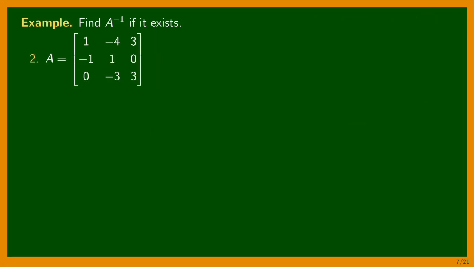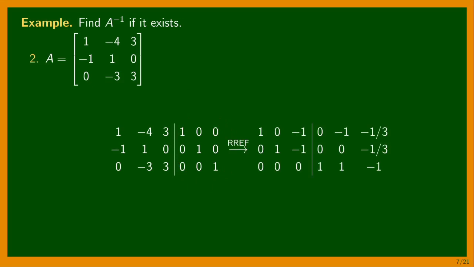For the second example, we will do the same. So we glue, or paste, the identity matrix on the right-hand side and then try to do row reduction and have the following. As you can see, the matrix A did not reduce to the identity matrix. This is not the identity matrix. In fact, on the left-hand side, we get a 0 row in the row reduction.